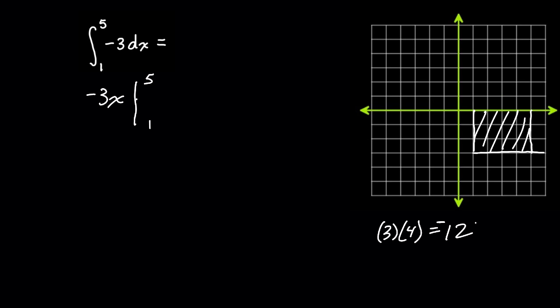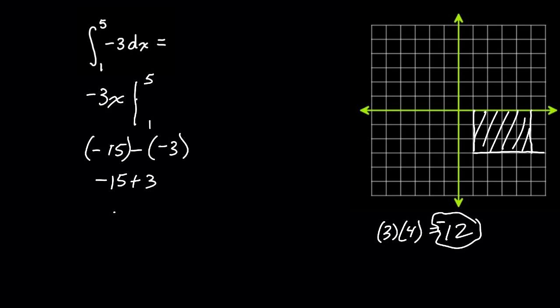So that's a -12 for that area here. All right, so substituting the 5 in, -3 times 5 is -15, minus the lower limit, -3 times 1 is -3, and that gives us -15 plus 3, which is -12.